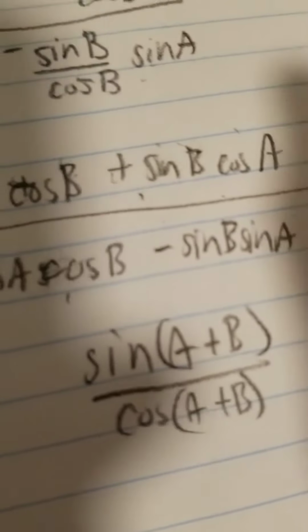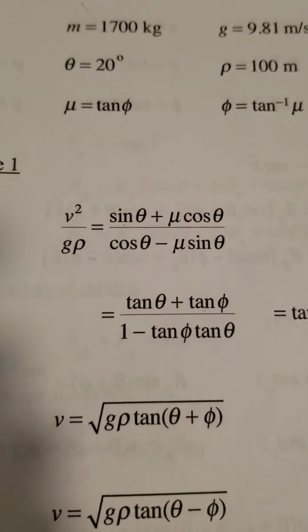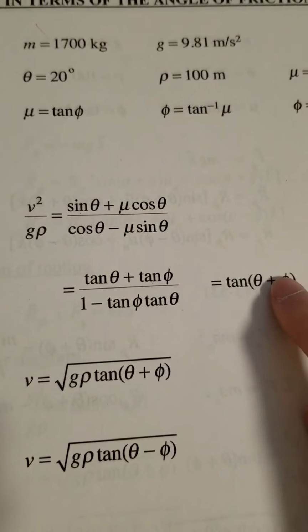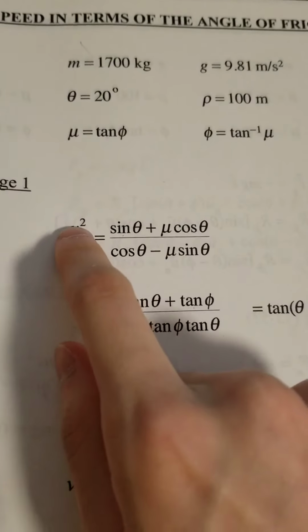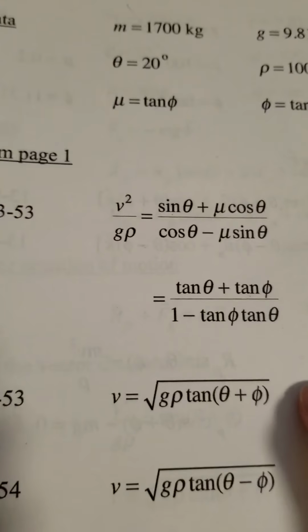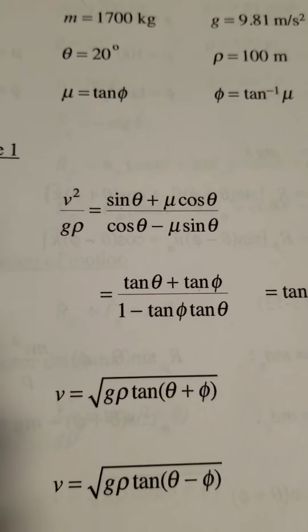And so this is just equal to tan of a plus b. Yep, so that's how they got this. And you can just replace this whole thing with this. And solving for v will give you this expression here. And that's how you solve that.